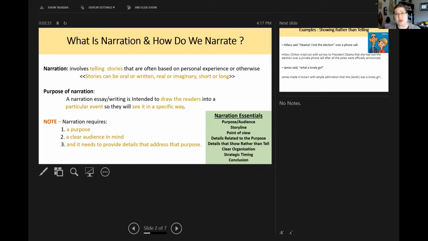So in order to do that, you want to make sure that your organization is very clear, that there's a logical progression of ideas. You're going to see that each idea needs to be completely related to the ultimate purpose or the thesis statement. And all those details that you describe or narrate also have to add to the whole.